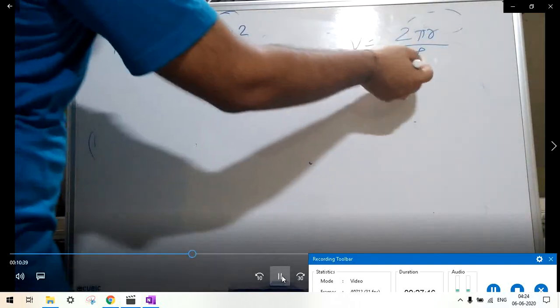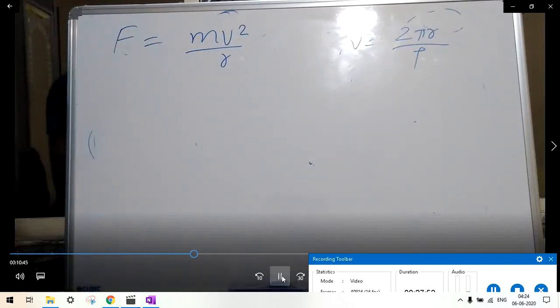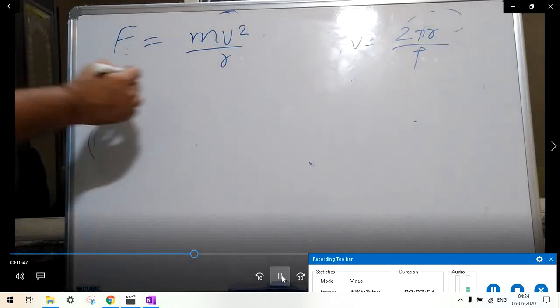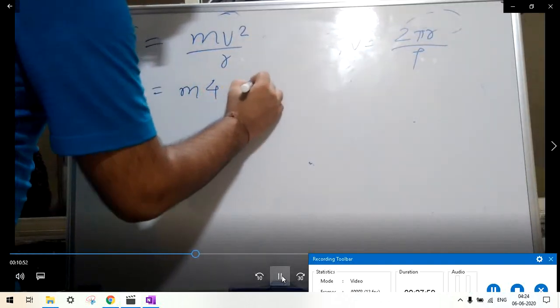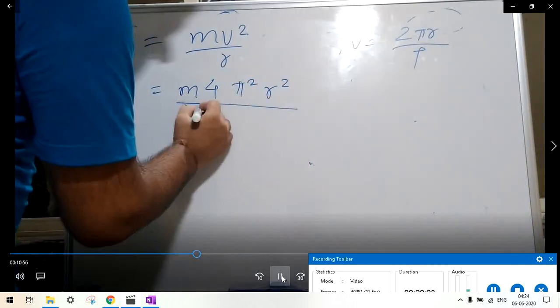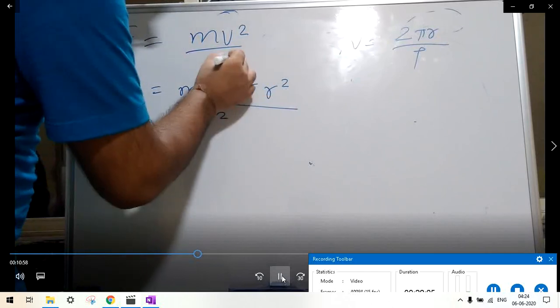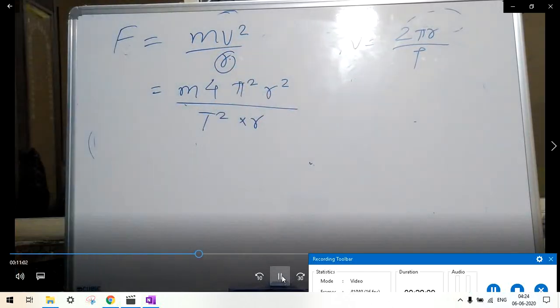See, 2 pi r by T whole square will become 4 pi square r square divided by T square. So what we will find here is m times 4 pi square r square divided by T square, and we already have one r here in the denominator, which we will put here, right?